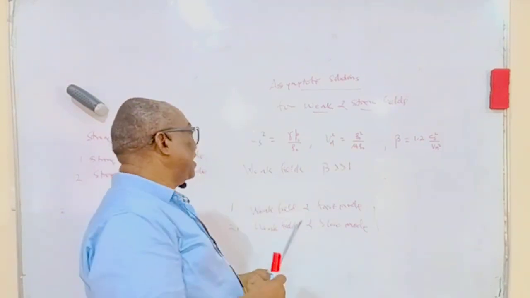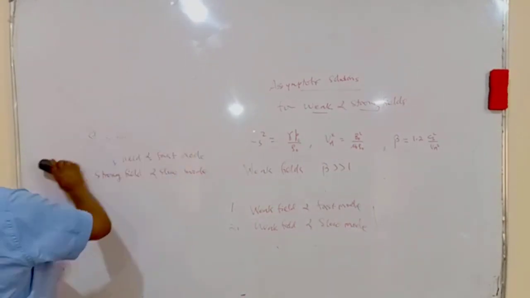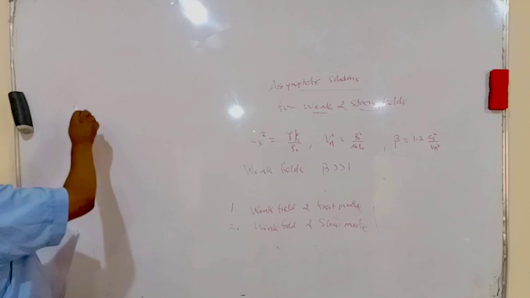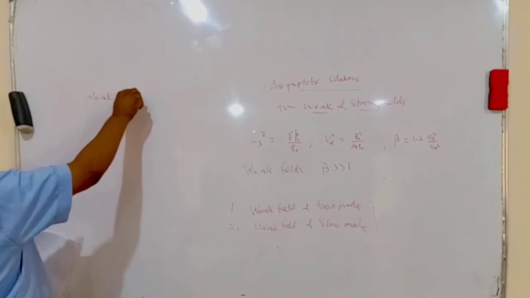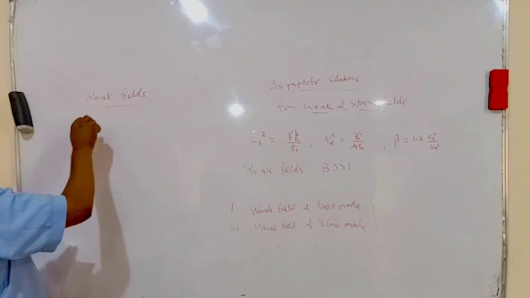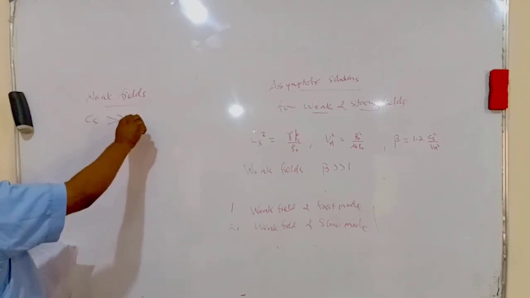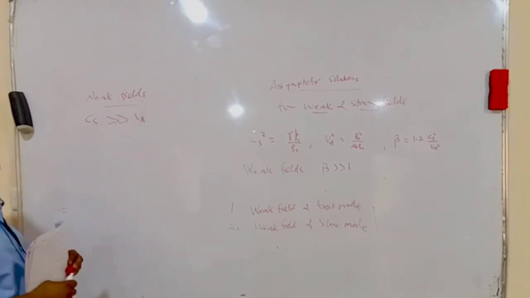So in weak fields, we'll start with weak fields. CS must be far greater than the reference speed. That is sure.